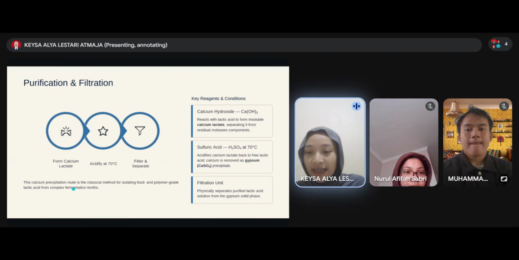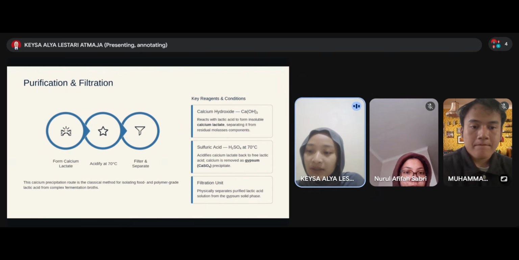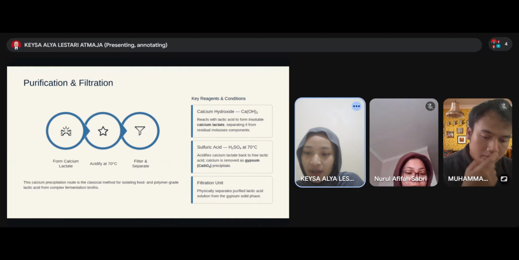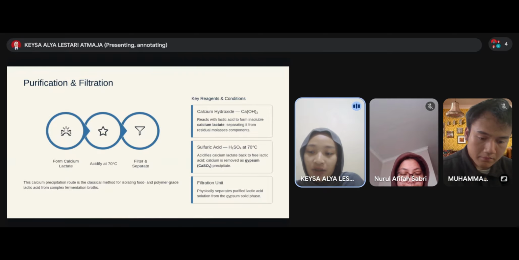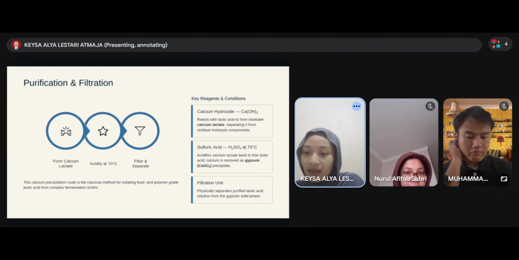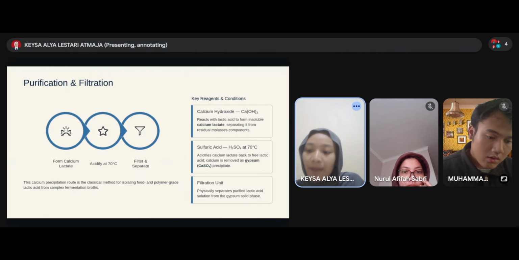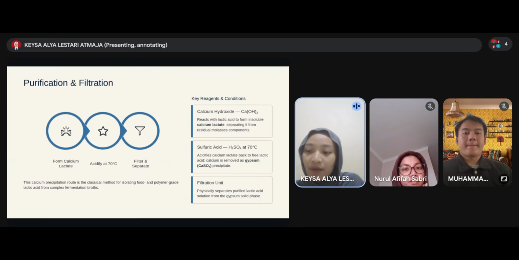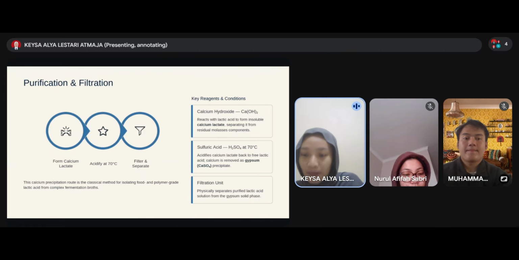At this stage, we move to the purification and filtration process, which aims to obtain a pure lactic acid product from the fermentation broth. First, calcium hydroxide is added to form calcium lactate. This step helps bind lactic acid into an insoluble form, making it easier to separate from the residual biomass.